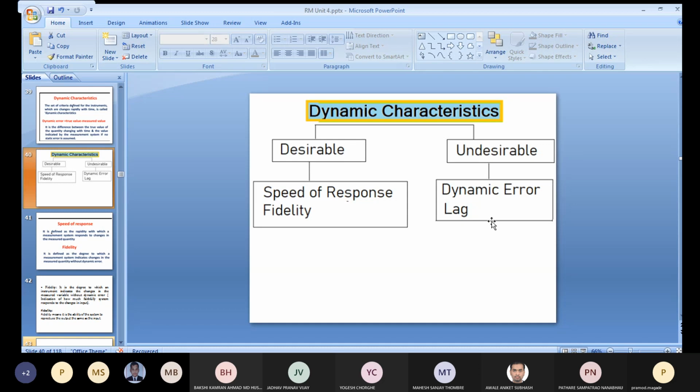Then lag, which is the difference, and that is again uncertain. So just write down this dynamic characteristic in case of desirable and undesirable effect. Speed of response and fidelity for desirable, and for undesirable we have to add dynamic error and lag also.